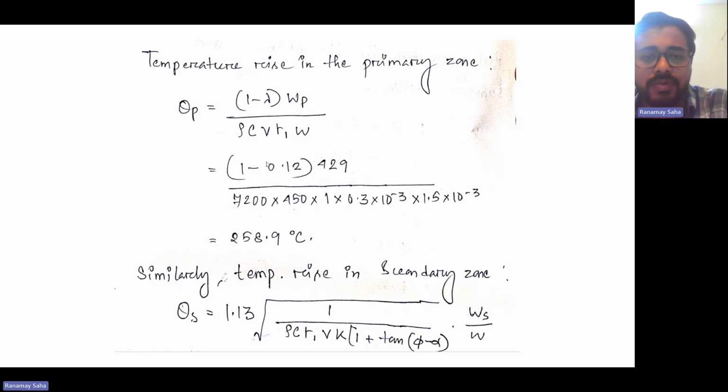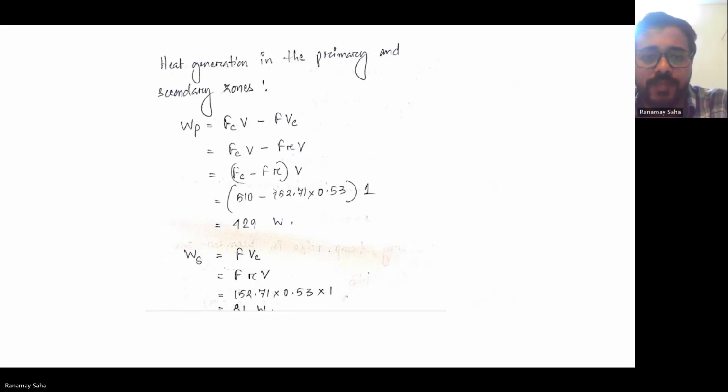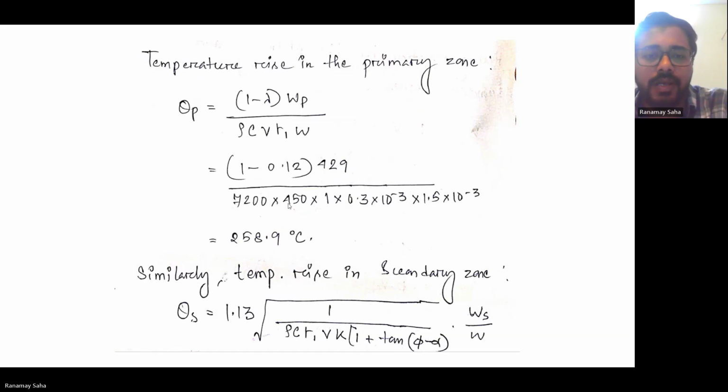Plug in the values, with the heat generated in this zone, then plug in the cutting velocity V, t1 and W, and see that the total is 58.9 degrees centigrade in the primary zone.